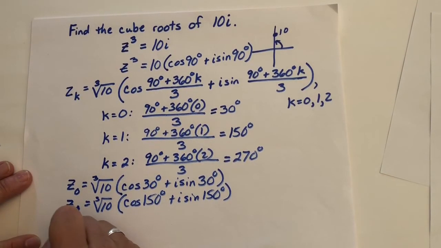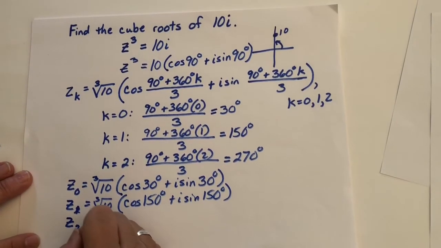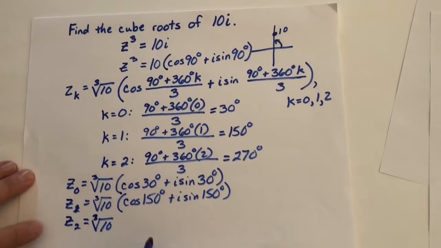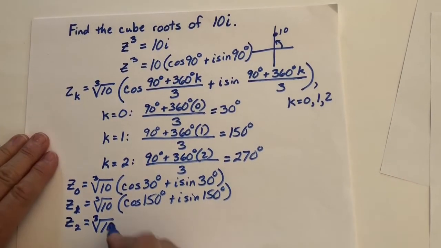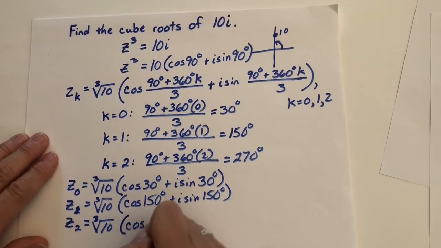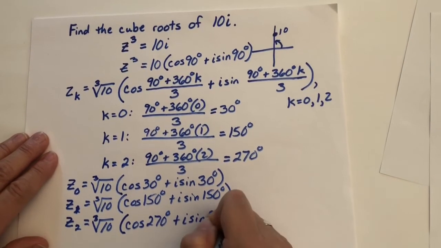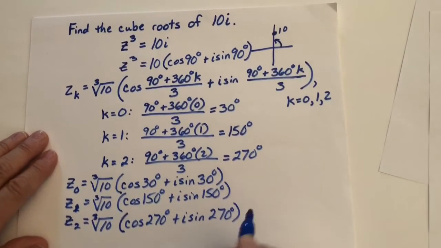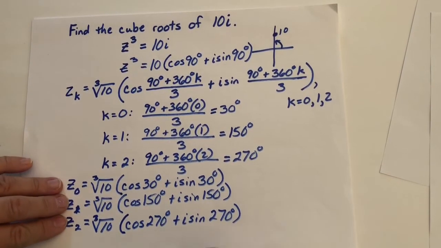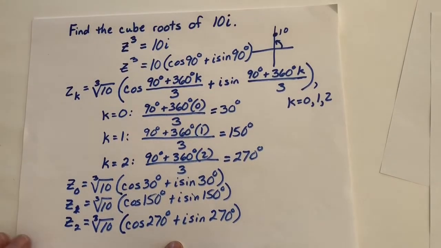And the third root, which we'll call z sub 2, is the cube root of 10, right? All of them have the same magnitude, times the cosine of 270 degrees plus i sine 270 degrees. And we now have the 3 cube roots of 10i in polar form or trig form.